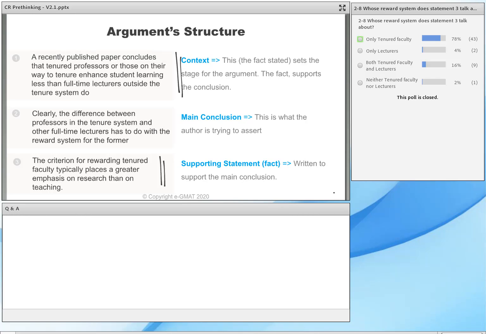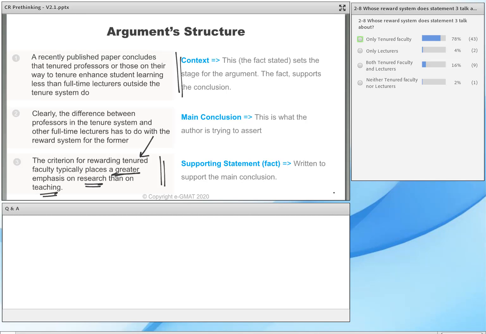78% of you got it right. It's just tenured faculty. And 16% you can really see got it wrong. Again, these are little things that make you go wrong. A lot of people look at this word greater and think we are comparing tenured faculty and full-time lecturers. No, this greater is not comparing the two. This greater is comparing, just for tenured faculty, the emphasis on research versus the emphasis on teaching.